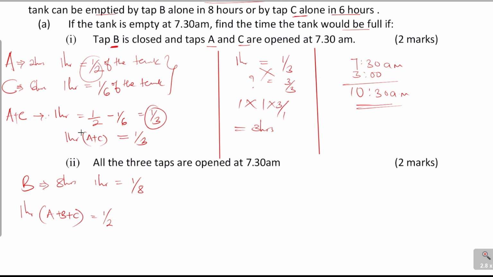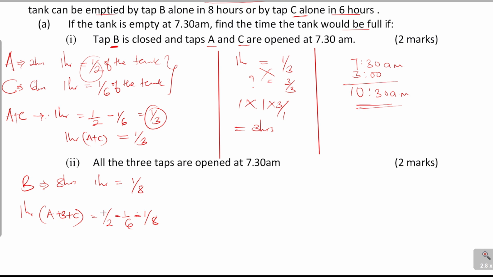Then C is emptying, and it can empty a sixth of the tank, and you're going to subtract because it is emptying. And then B is also emptying, and in 1 hour it can empty an eighth, so we are going to subtract that one as well.